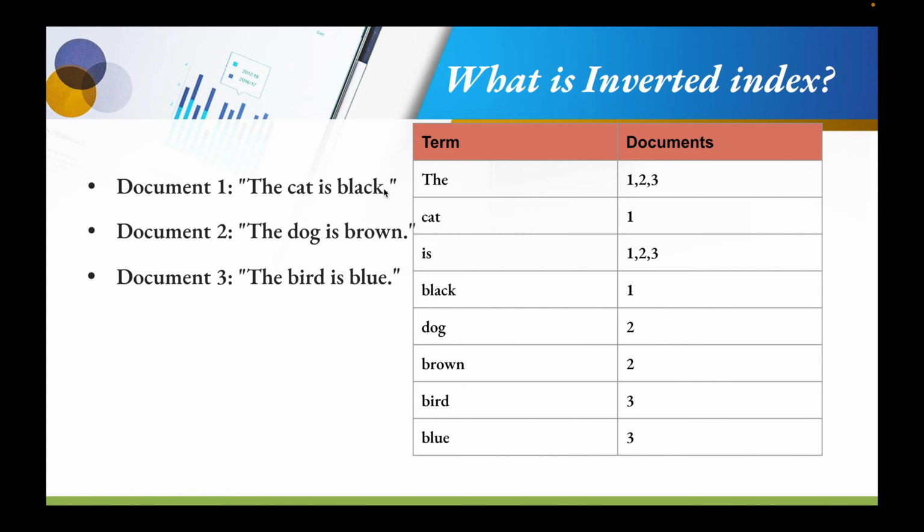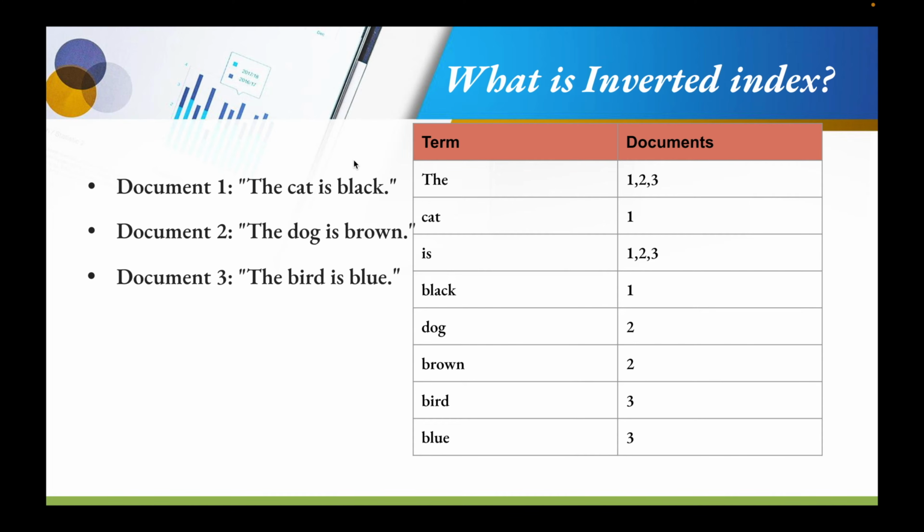The first one is the cat is black, the dog is brown, and the body is blue. I just split these documents into terms to show how they are stored inside Elasticsearch. Elasticsearch uses this inverted index structure to quickly retrieve the documents that match a given query.